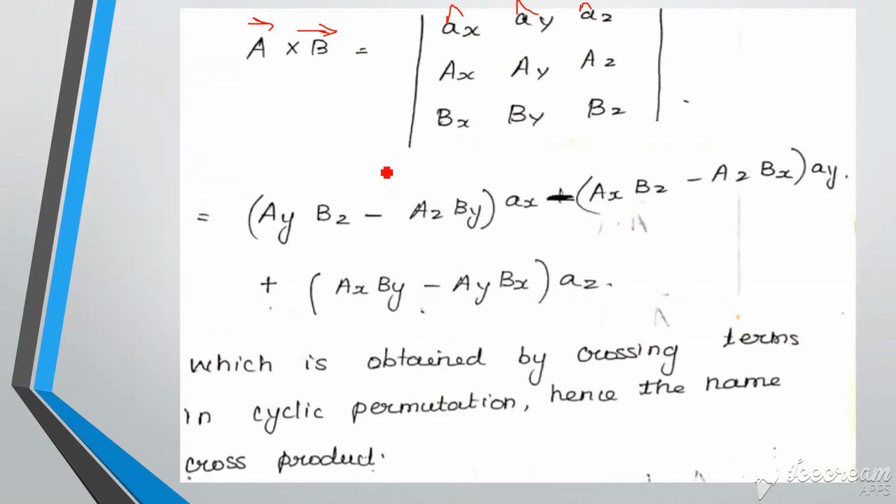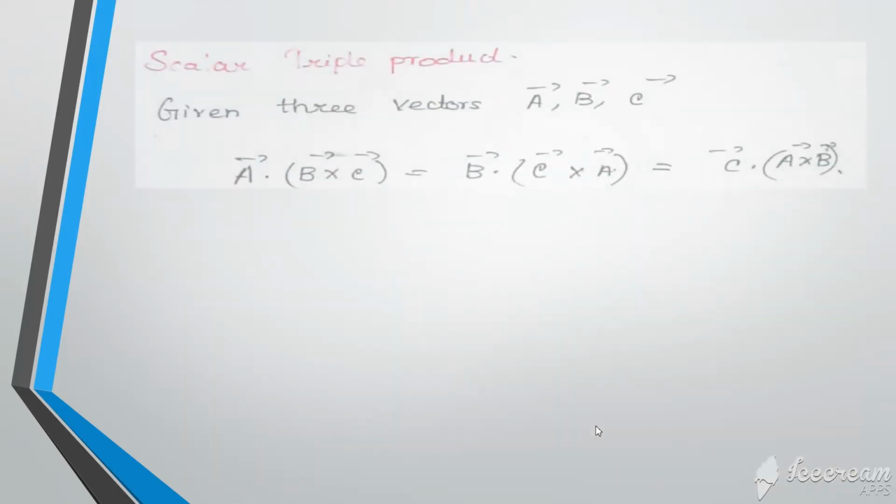We get this one: Ay into Bz minus By into Az, minus Ax into Bz minus Bx into Az, plus Az into Ax By minus Bx Ay. This is the answer, which is obtained by crossing terms in cyclic permutation, hence the name cross product.